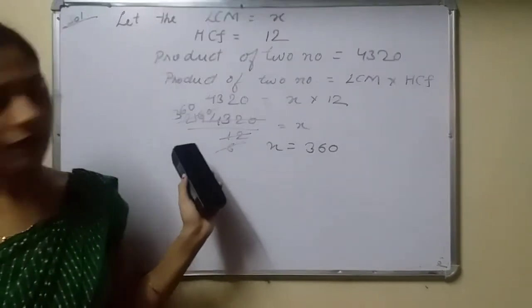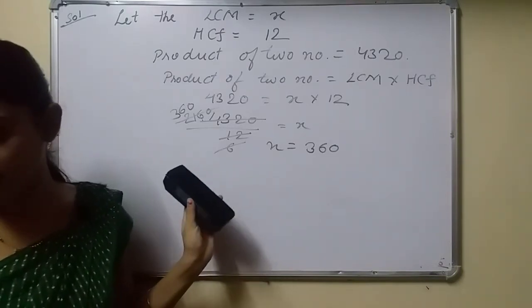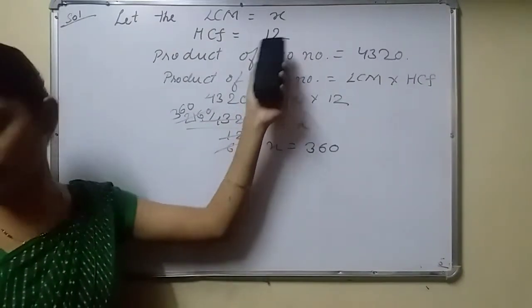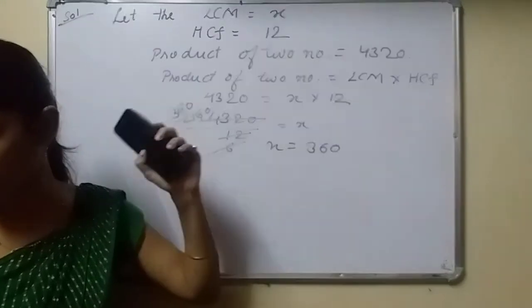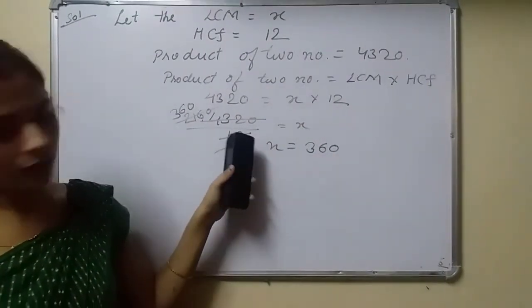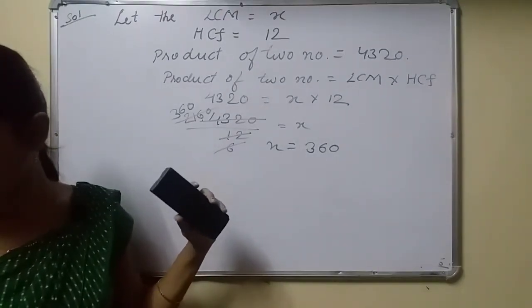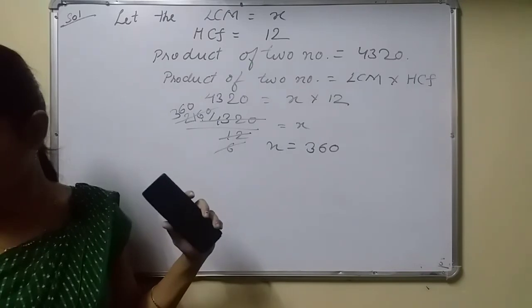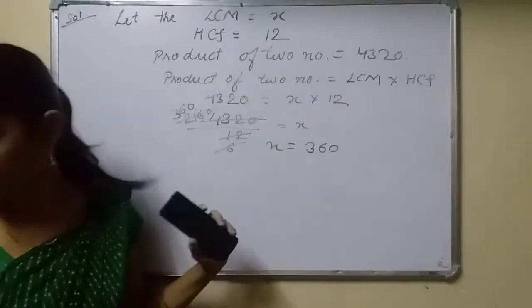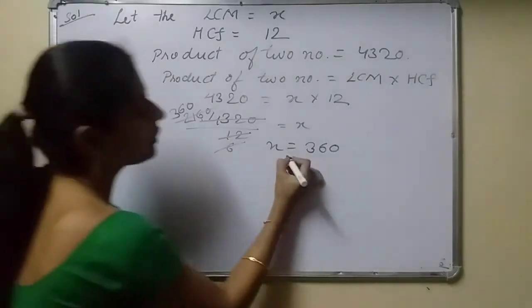See, one number is already given here. The HCF of two numbers is 12. We have already found here that the HCF of two numbers is 12. Now see, up to here you understood.